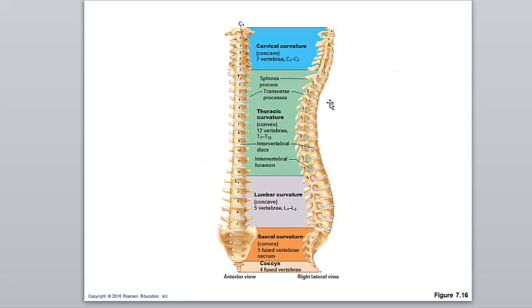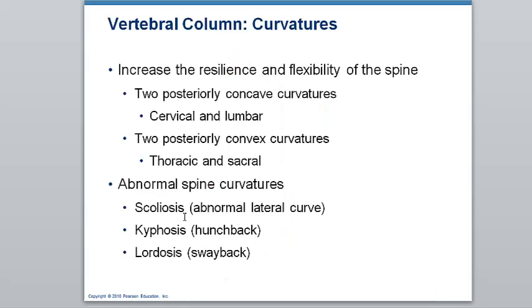Okay. The S-shaped curve is very, very important. If you do not have this S-shaped curve in your vertebrae, it leads to a lot of homeostatic imbalances. Those are your scoliosis. So it's not straight down, it's kind of curved laterally. So that's scoliosis. Kyphosis is hunchback. So the curve is more forward.